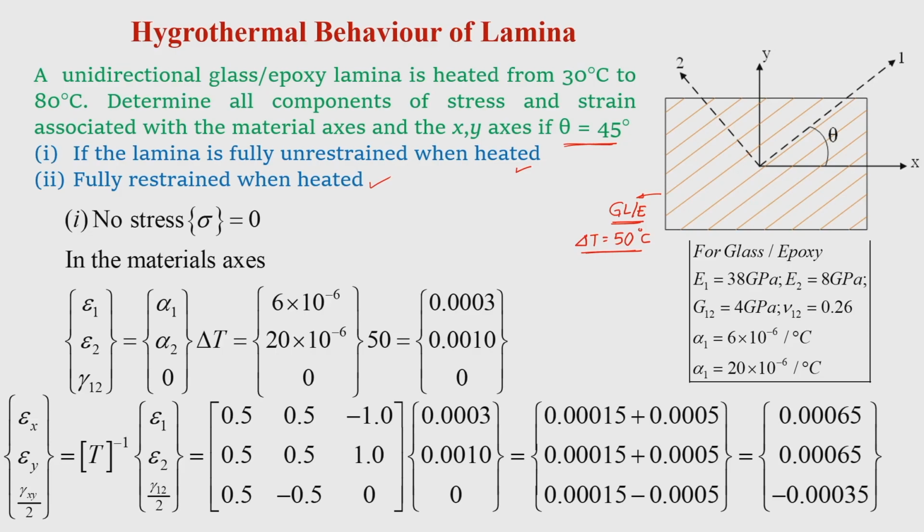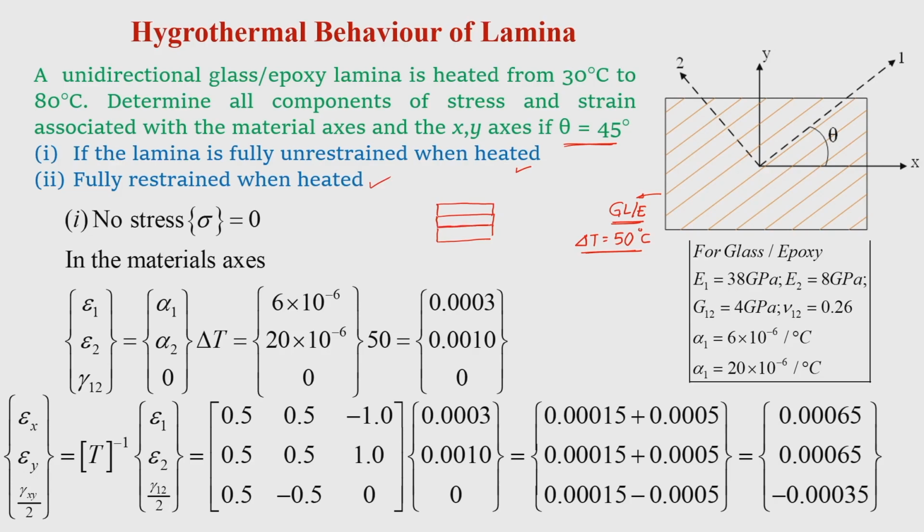Now, we will have to understand what we exactly mean by restrained lamina. Actually, lamina itself is not a structural component, a number of lamina are stacked together. Okay. And when different lamina are stacked together, suppose this is one lamina, this is another lamina, and they make a laminate.